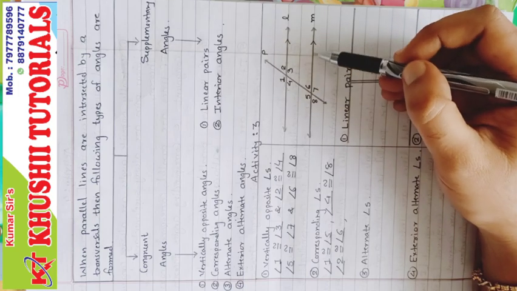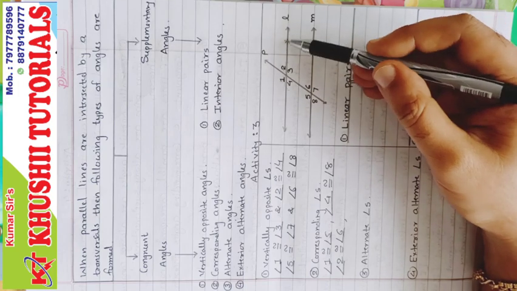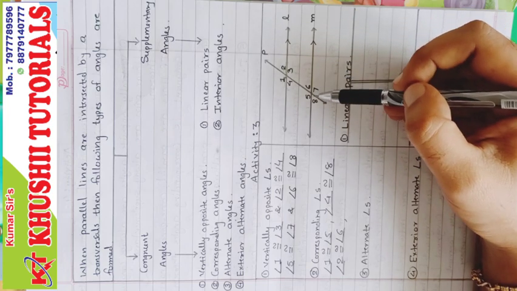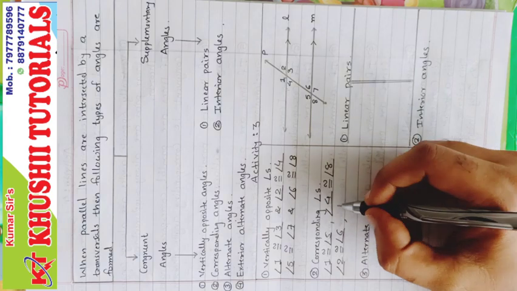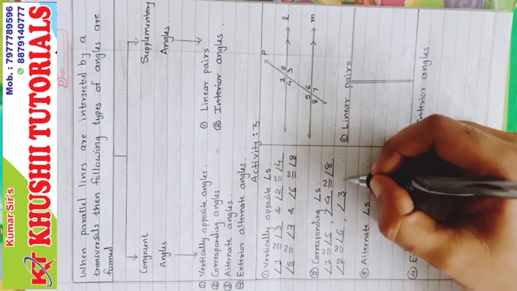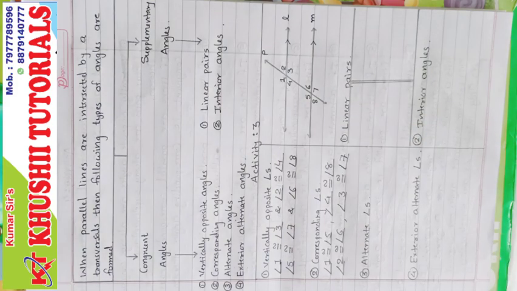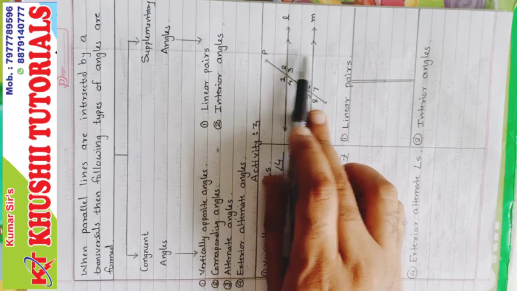Same, 7 is also towards the left and down, coming from the right, going towards the left and down. So 3 is congruent to 7. So these are corresponding angles, and corresponding angles are congruent, yes, only when the lines are parallel.